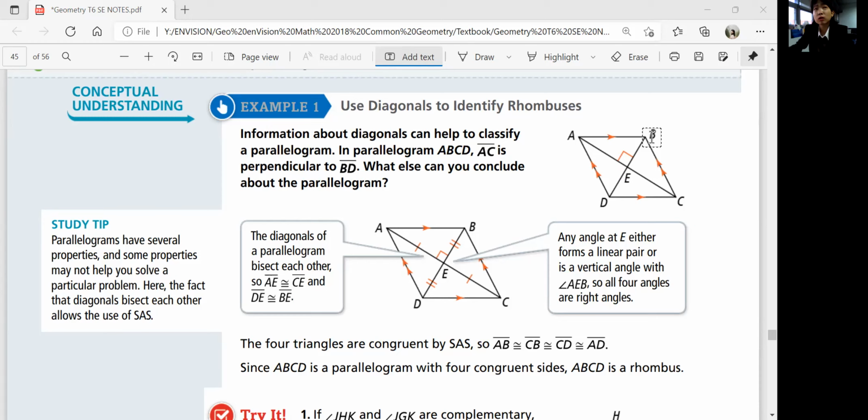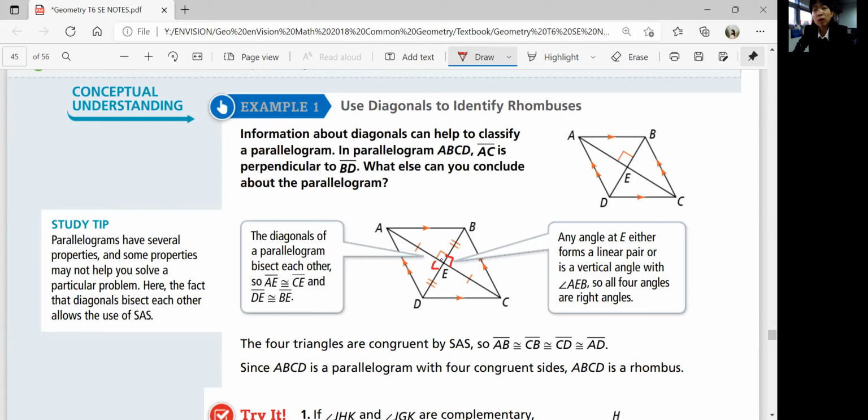Another piece of information that you know about any parallelogram is that the diagonals must bisect each other. So the diagonals are perpendicular bisectors, which means BE equals DE, and AE equals CE. Any angle at E either forms a linear pair or is a vertical angle with AEB, so all four angles are right angles.